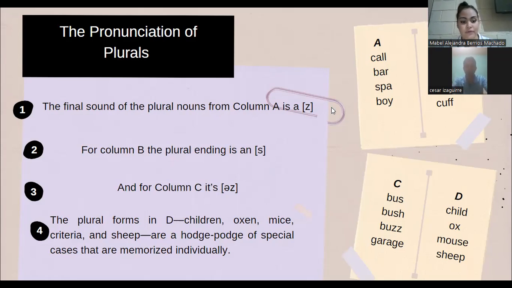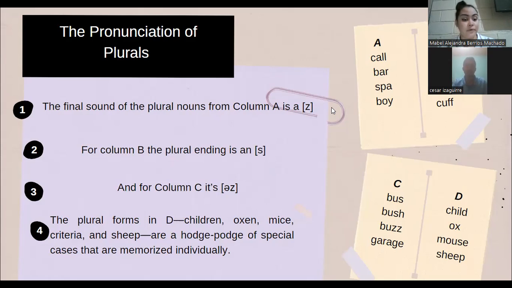The rule says that for column B, the plural ending is an S sound. For example, cats. In column C, the words are boss, bosh, buzz, and garage. The rule says that for column C, it's "es". For example, bosses.